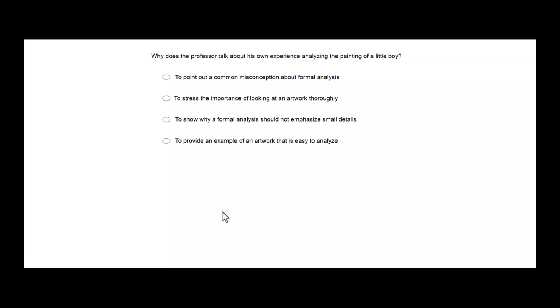But after looking at the picture for long enough, the professor understood that the intent of the author is to demonstrate the loneliness of the children. So this option is rejected and we choose option 2 as the correct one.